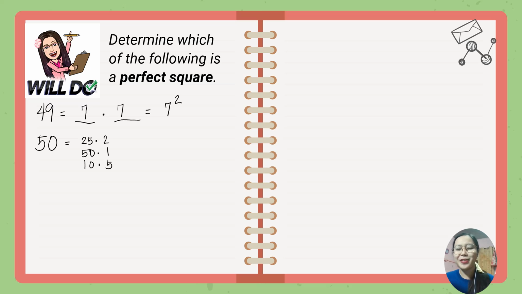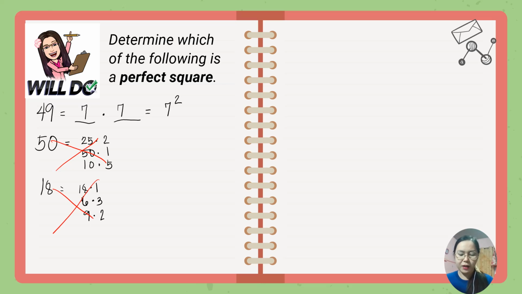Any number? No, therefore 50 is not a perfect square. Another. How about 18? I still don't think so. So 18 multiplied by 1, 6 multiplied by 3, 9 multiplied by 2. Any number? No. So this is not a perfect square.